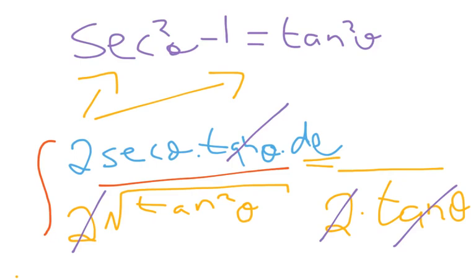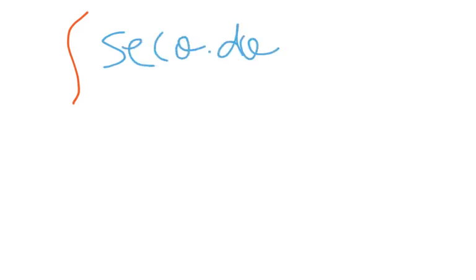I am just trying to avoid copying everything over and over, but it's not that this is multiplied to the other thing, just that we are canceling this out. And let me show you. We ended up with our secant of theta d theta.